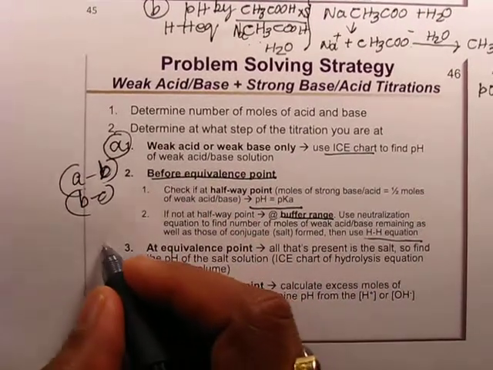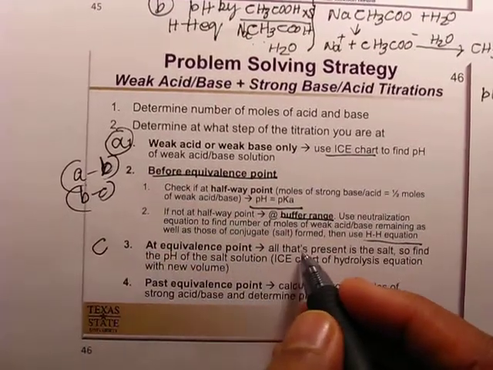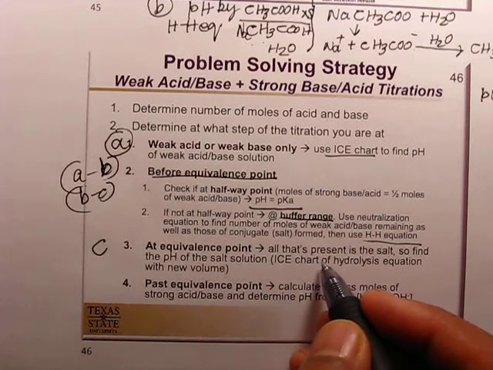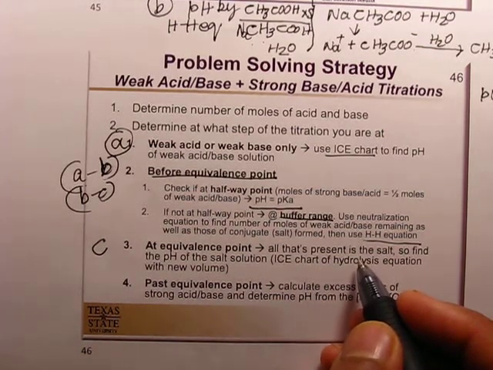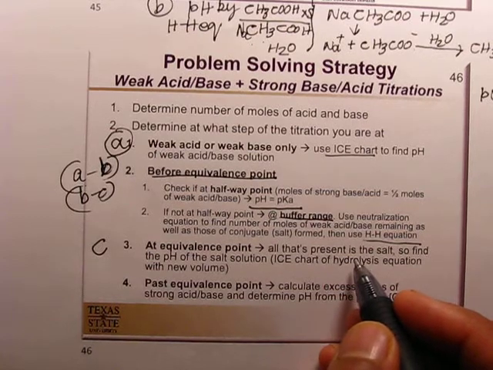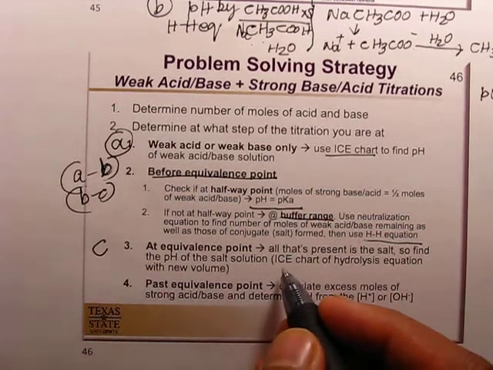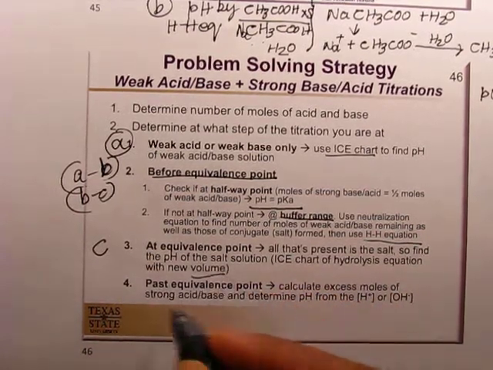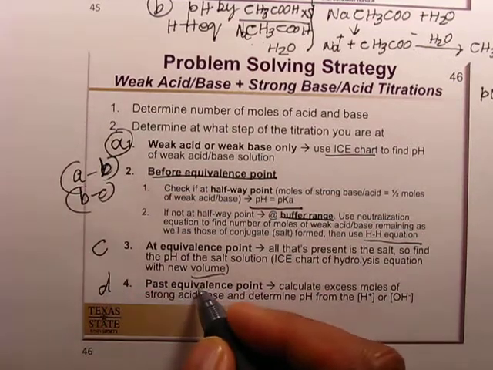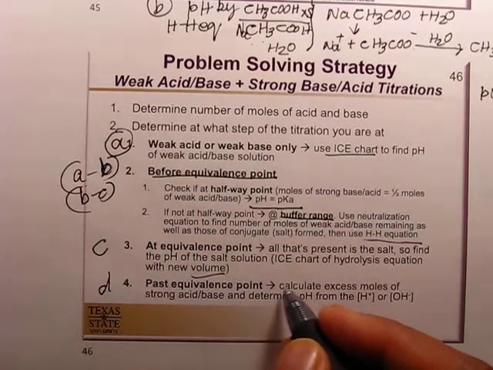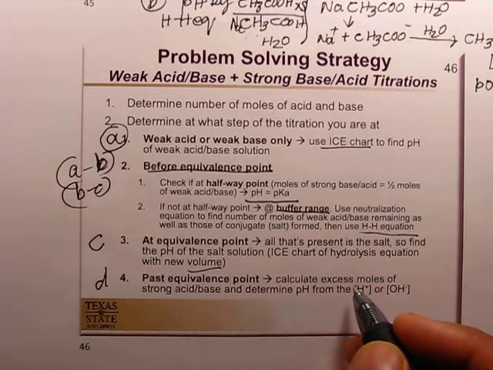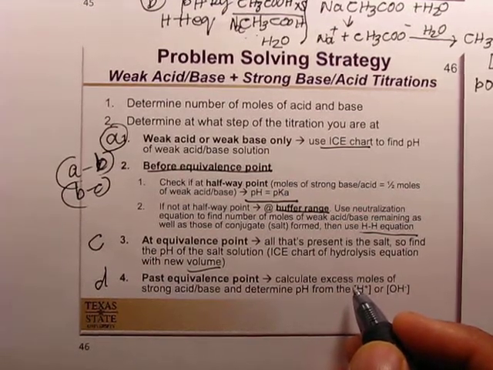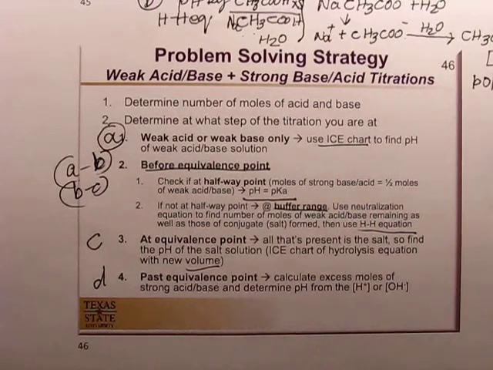At the equivalence point, meaning the C point, all that is present is the salt. So find the pH of the solution using an ice chart of the hydrolysis equation with the new volume. And for the D part, past the equivalence point, calculate the excess moles of strong acid or strong base to determine the pH from the hydrogen ion concentration or hydroxide ion concentration.